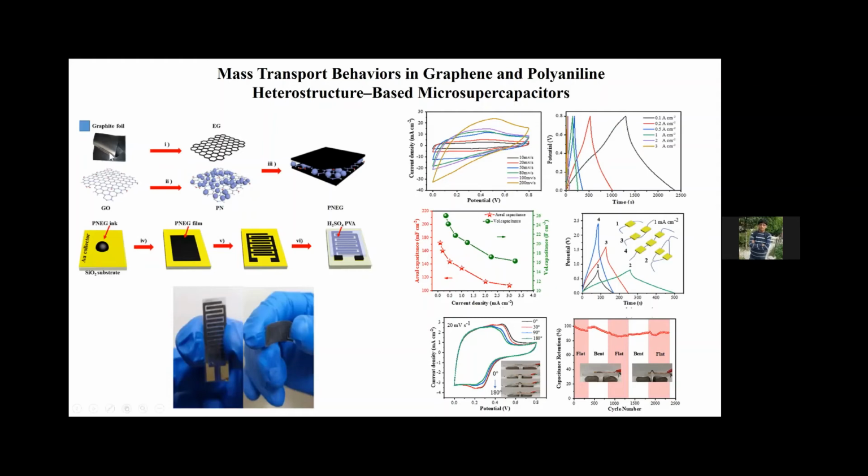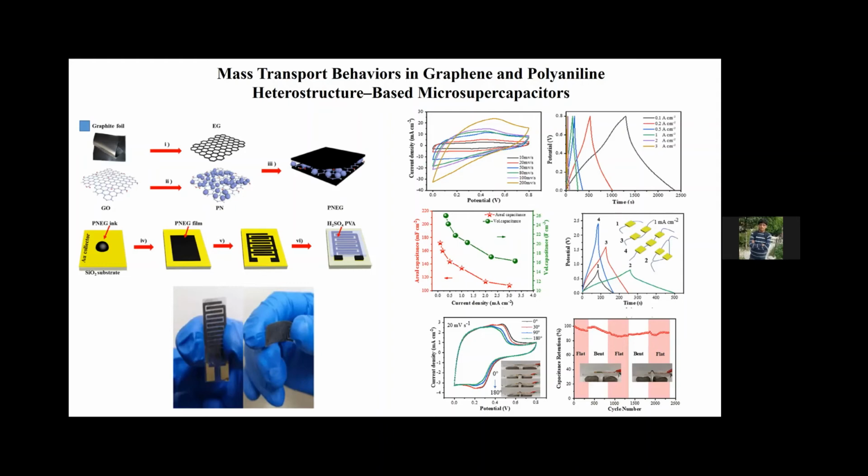They use the graphite foil or the graphene, and they use the polyaniline and make a composite, and then make an ink, or we can say graphene oxide and the polyaniline ink, on a silicon substrate.